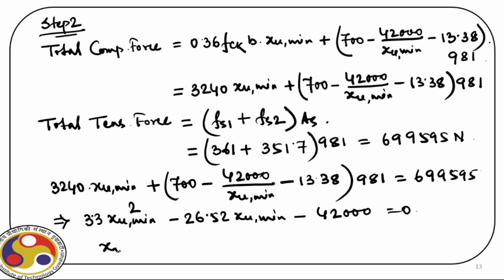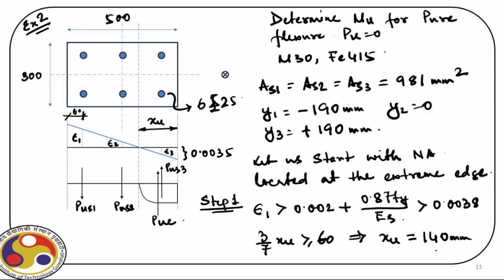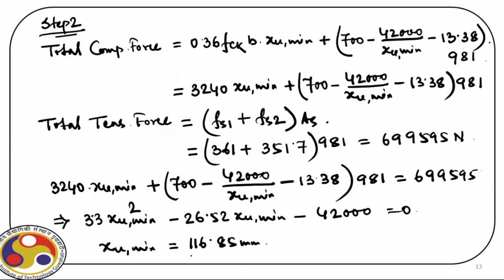So if you solve for XU minimum, you will get 116.85 millimeter. Now this value is based on the first assumption we started with, that is XU equal to 140. So now after first iteration, we get this value. Then we have to iterate again.